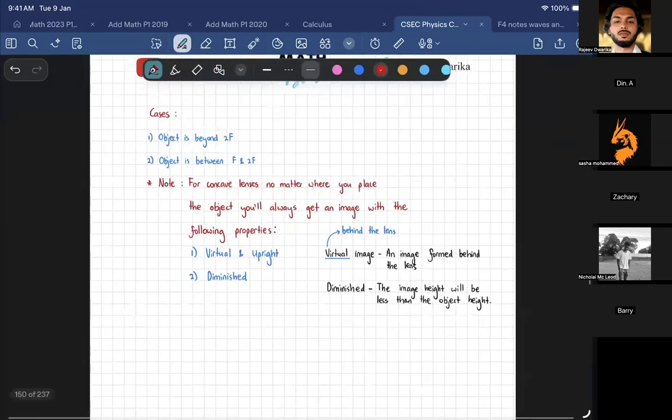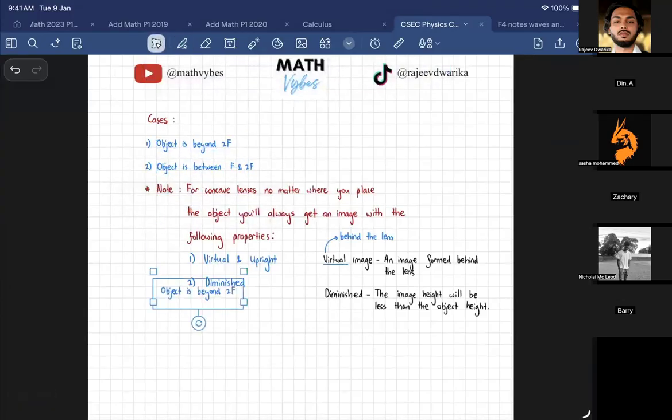So the first case we are going to look at is the object is beyond 2F.